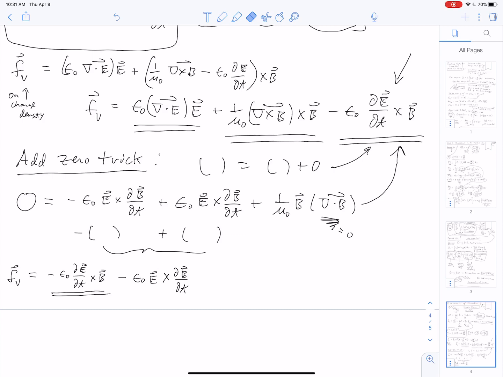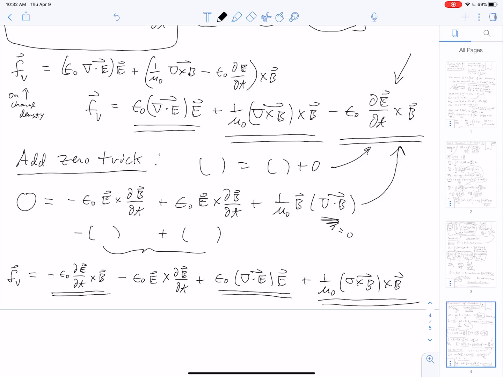Plus epsilon naught del dot E times E. And that's from my original expression. That's not part of the 0. But then I'm going to go plus 1 over mu naught del cross B cross B. That's part of my original expression also.